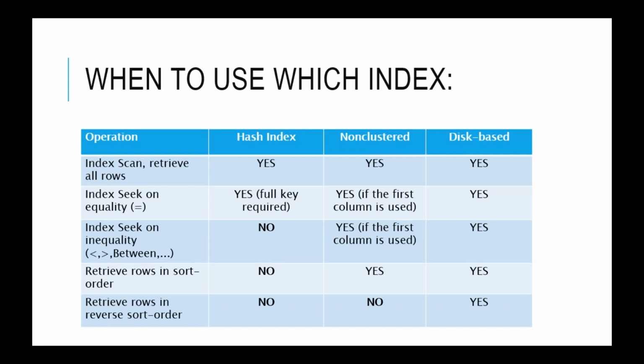And if you're going for the in-memory, with obvious advantages, that you are avoiding touching the disk for reading, and you will be doing much less logging and disk impact when you are persisting information, here are the limitations. So if you're using the hash index, you will not be able to do some of these operations.